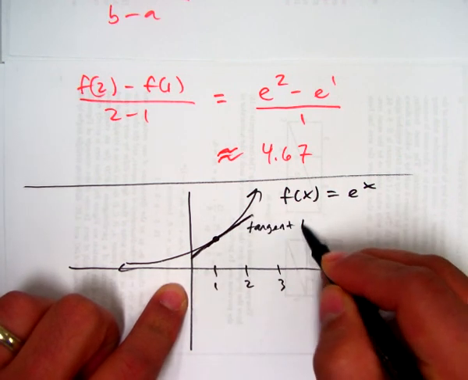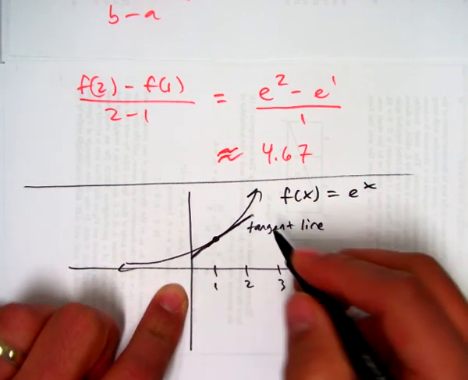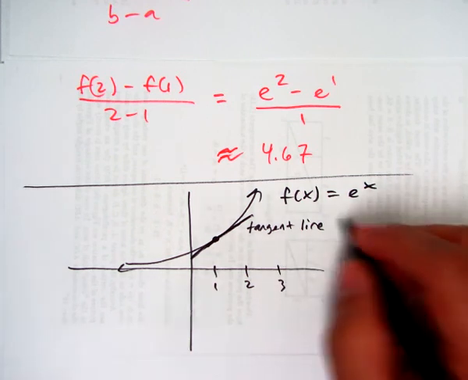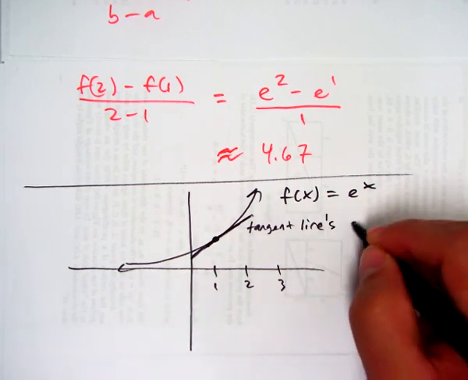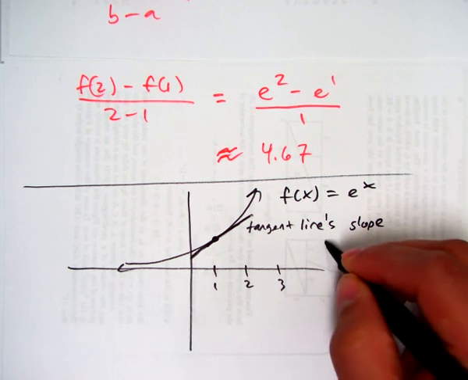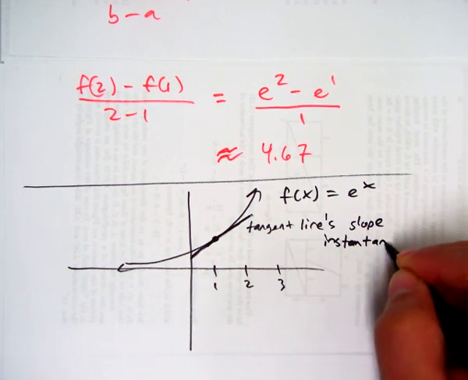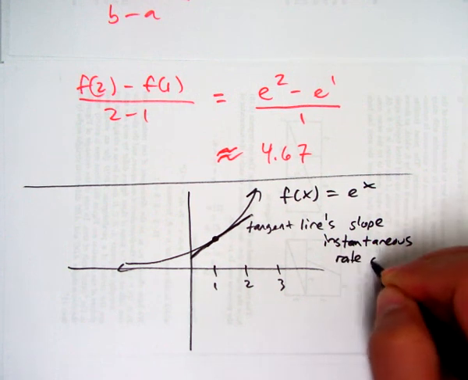You'll obviously do this a lot more in calculus and have more precise ways of doing this. But if we find the slope of the tangent line, that slope is what we call the instantaneous rate of change. So it's not an average.